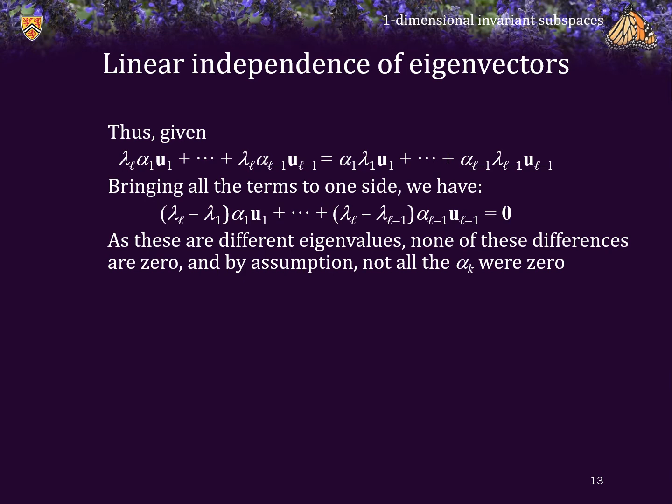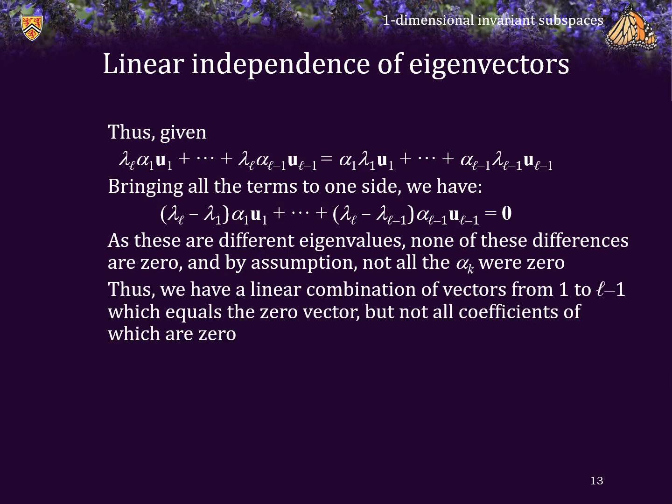Consequently, we now have those same alpha sub k's multiplied by a non-zero value. Basically, what we now have is a linear combination of the vectors from 1 to L-1, which equals the 0 vector, but not all coefficients of which are 0.